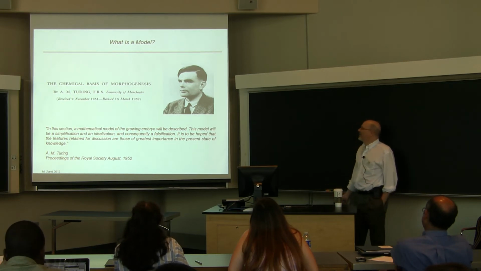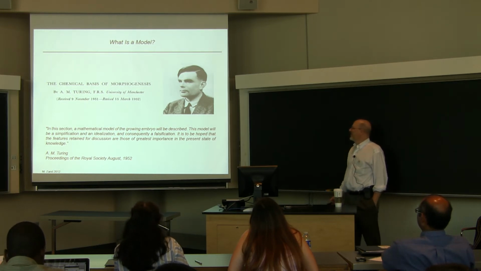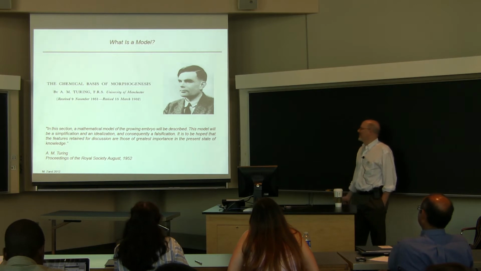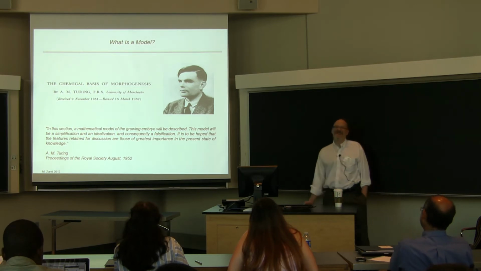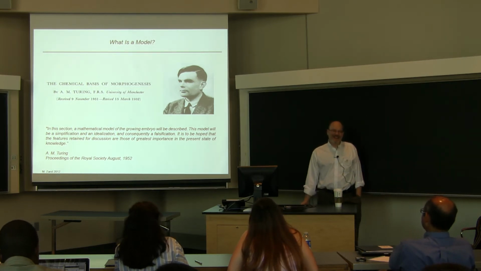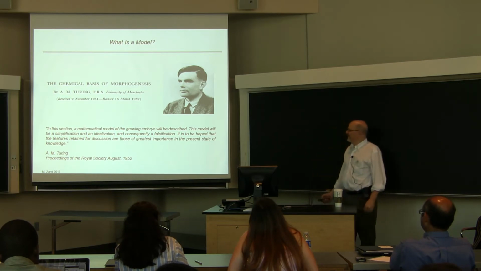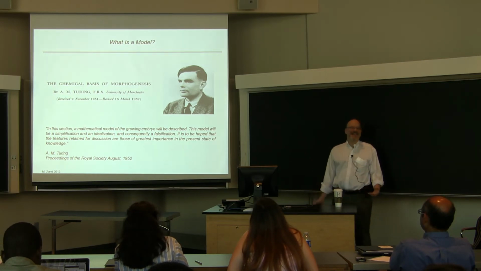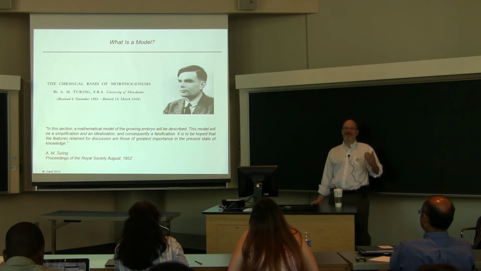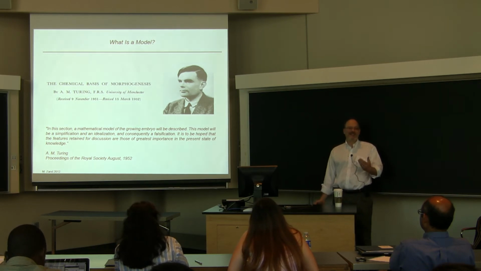Okay? It is hoped that the features retained for discussion are those of greatest importance in the present state of knowledge. Okay? So, this is 1952. So, people have known about this aspect of models, and we have the same uneasiness about models.